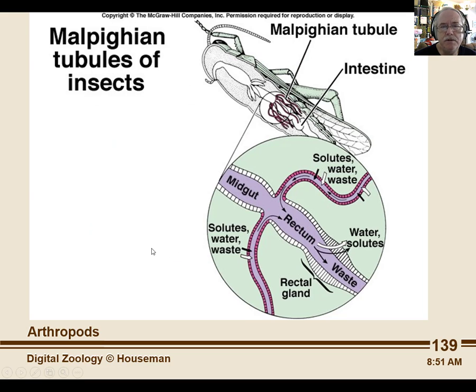In terms of excretion, insects use something called Malpighian tubules. Malpighian tubules are really quite distinct from most excretory systems in invertebrates because they connect with the digestive tract. This is one place where confusion might actually lead to the right answer. Many early zoology students are confused about excretion.